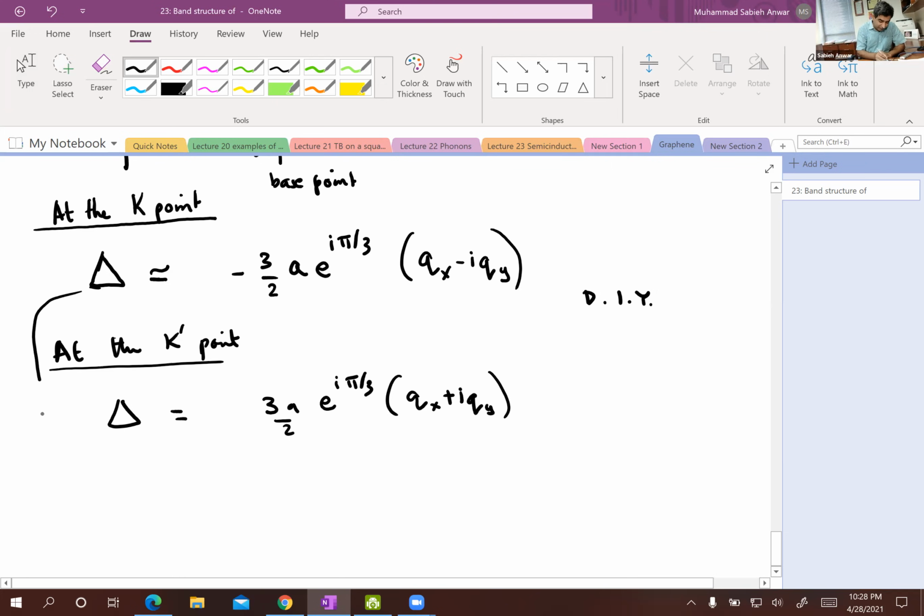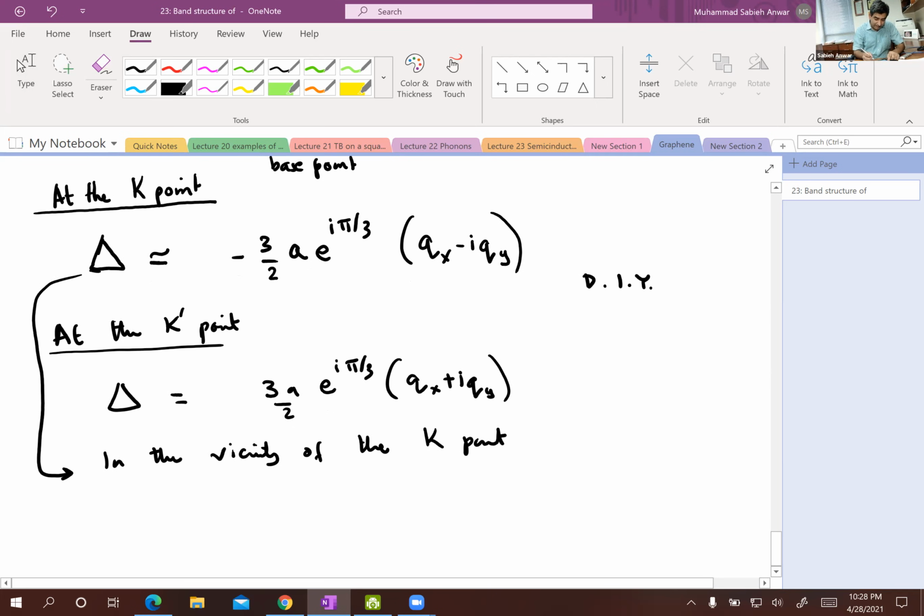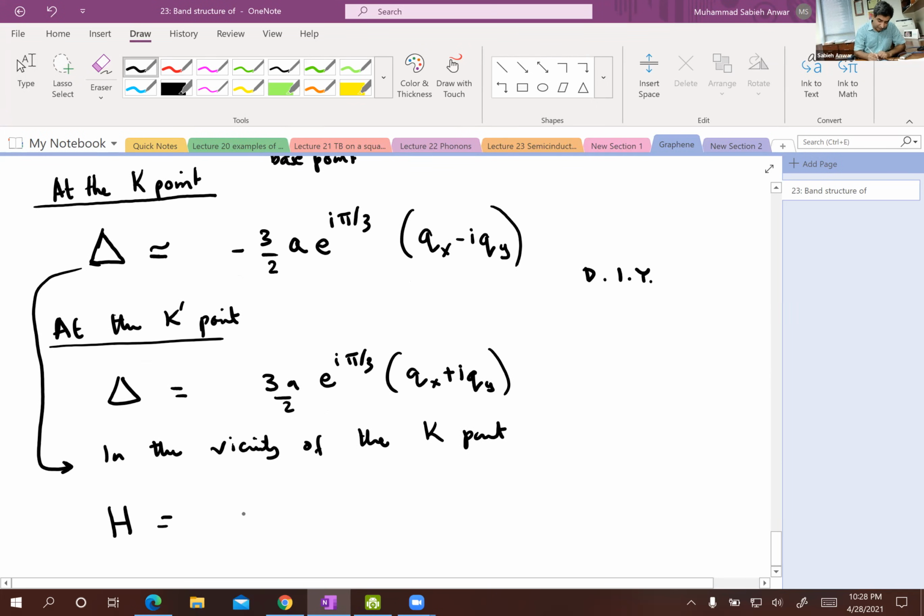So if I look at the Hamiltonian at the K point, in the vicinity of the K point, in other words, my Hamiltonian is going to look like minus 3 over 2 a e to the i pi by 3, with the matrix 0, 0, qx minus iqy and qx plus iqy.